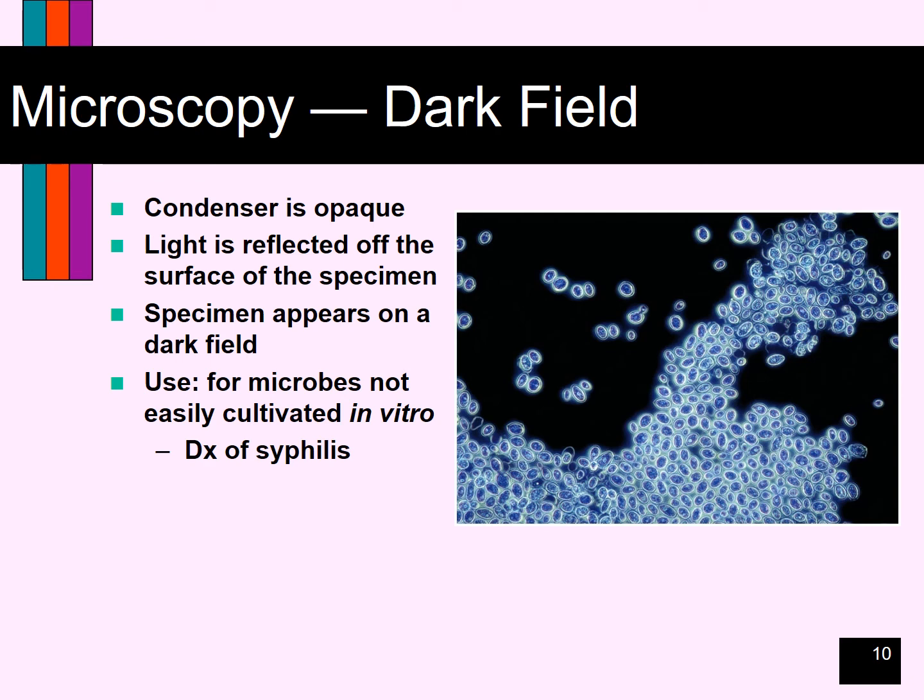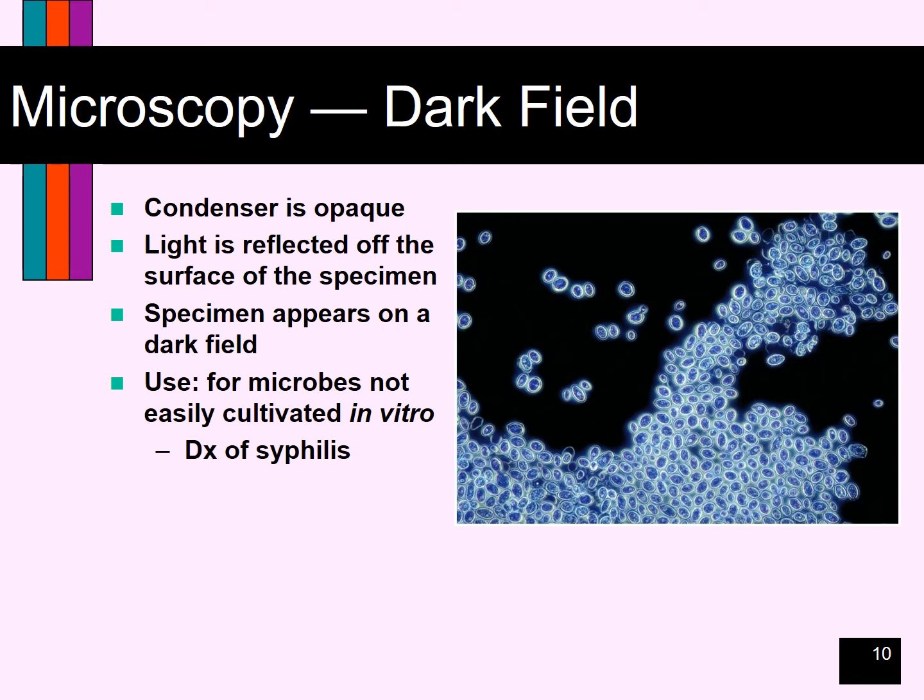With the dark field microscope, light is not transmitted through the specimen. It's reflected off the specimen, and the specimen appears on a dark field. You can see in this figure some yeast, and they almost look like they're glowing, right?